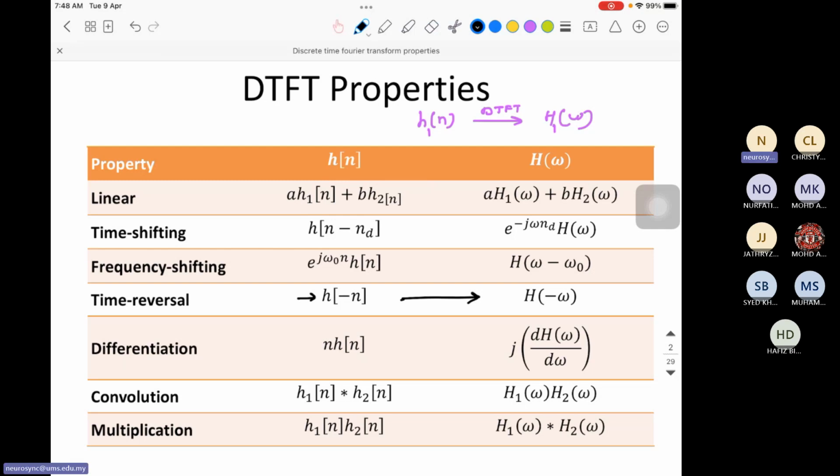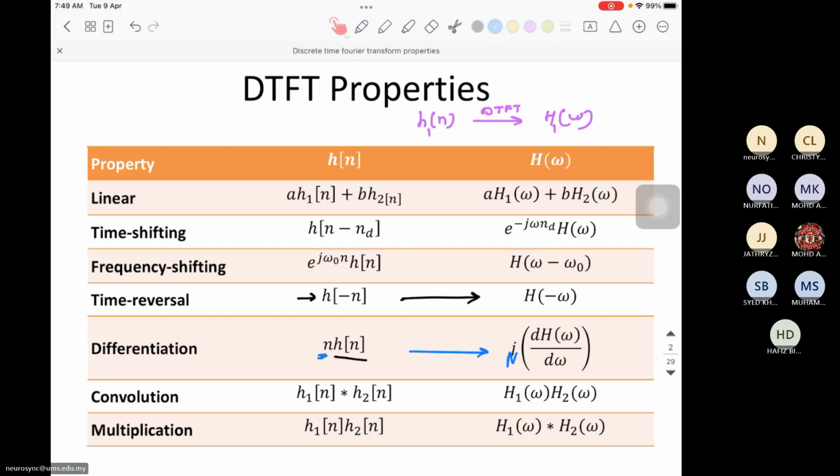Now the differentiation. Differentiation means in the time domain the sequence is multiplied by the factor n. In the frequency domain it is basically j times d by d omega of h of omega.